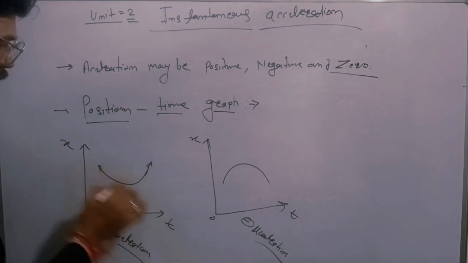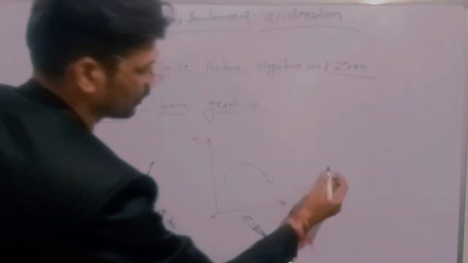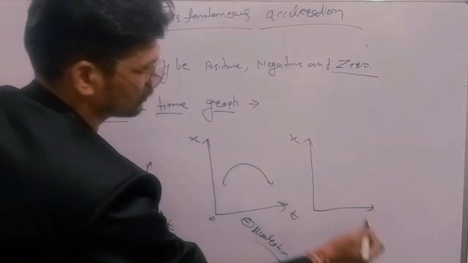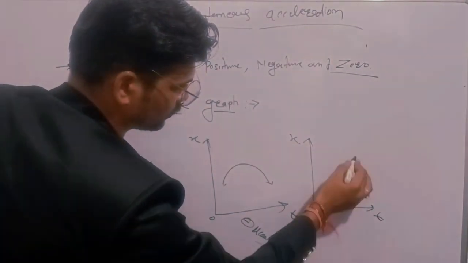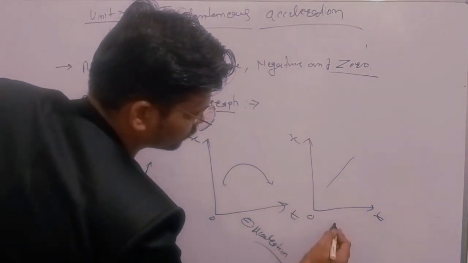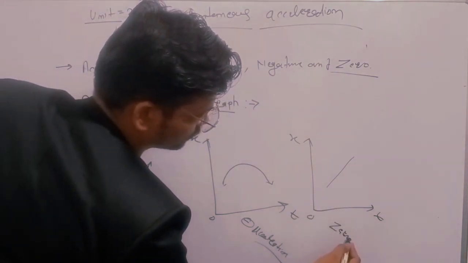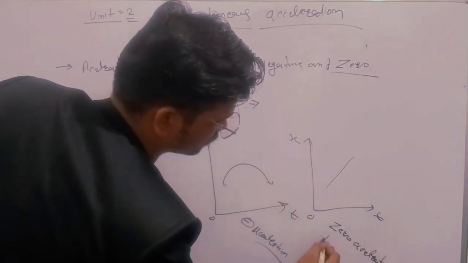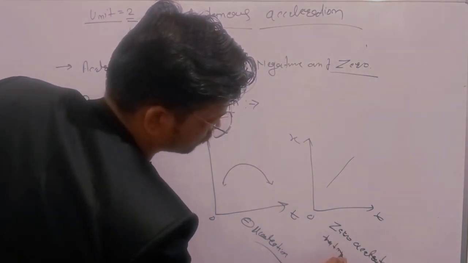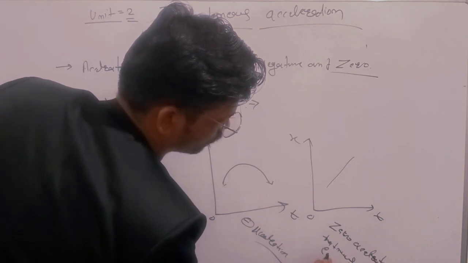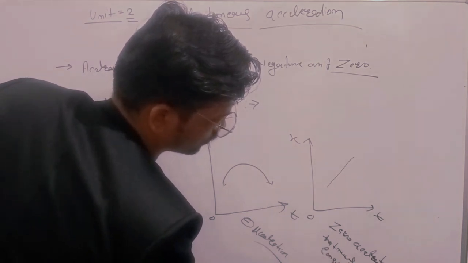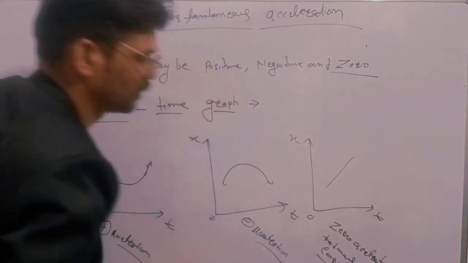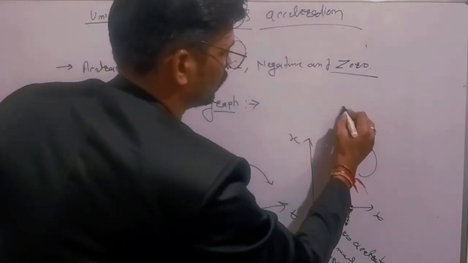And this is a linear line in this graph, so it denotes zero acceleration. We can say the constant velocity graph.